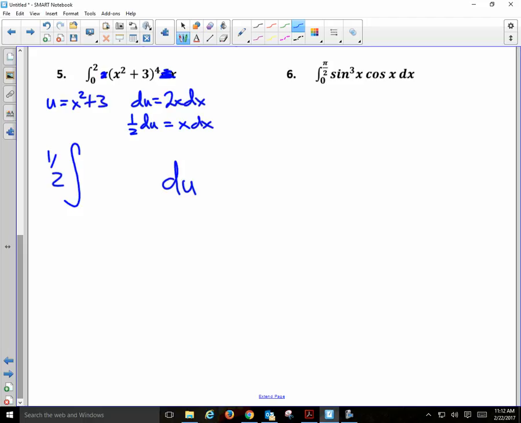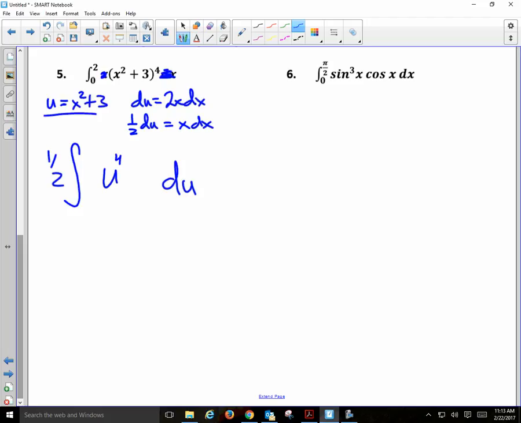I'm not going to write the bounds because the bounds are going to change. Instead of x squared plus 3 to the 4th, I write u to the 4th. Okay, so very good. Before we take the antiderivative, Caleb, here's what we're going to do. We're going to change our bounds. Notice that u is x squared plus 3.